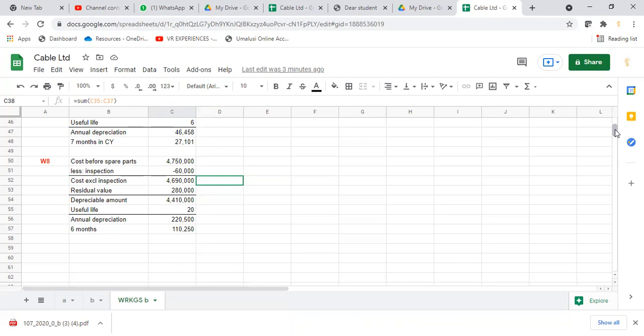So when an asset's carrying amount exceeds its maximum future economic benefits, we have to impair it. That is the purpose of the impairment standard.